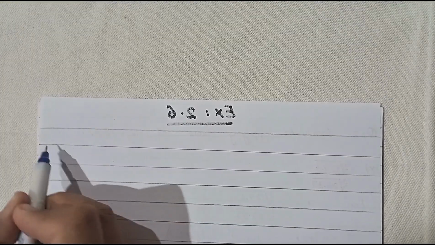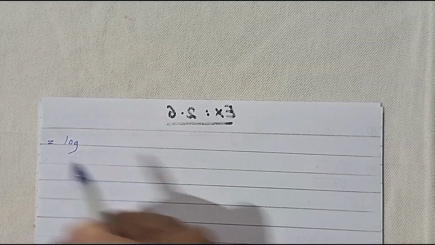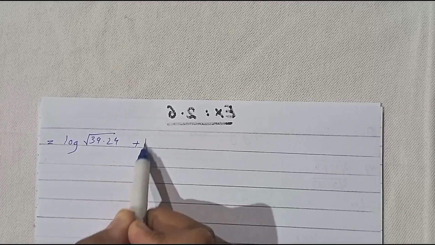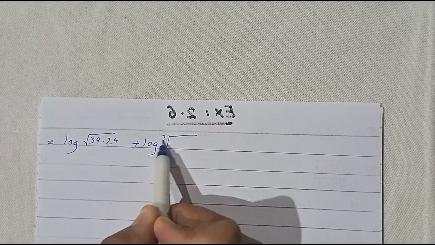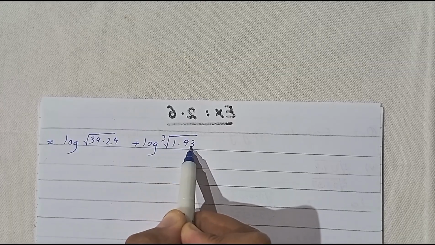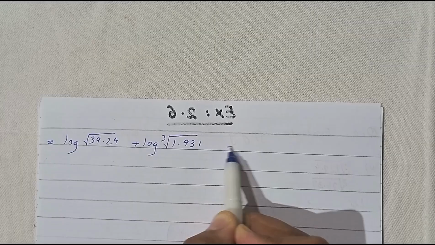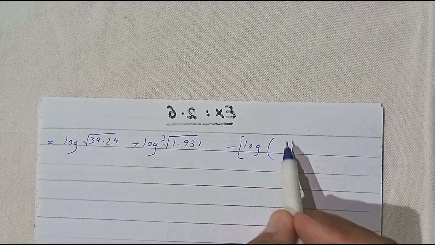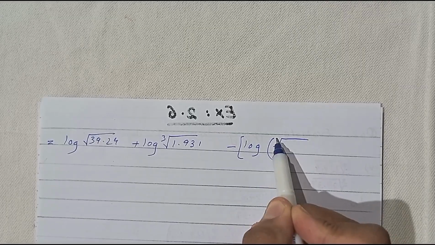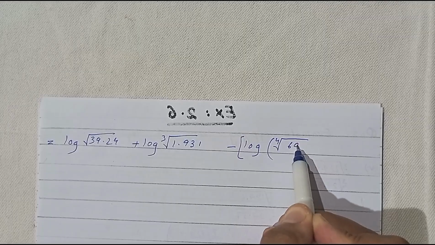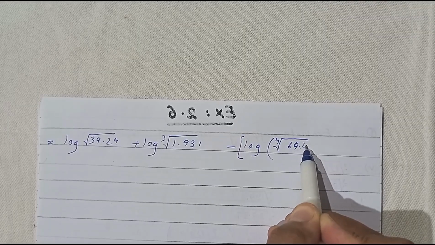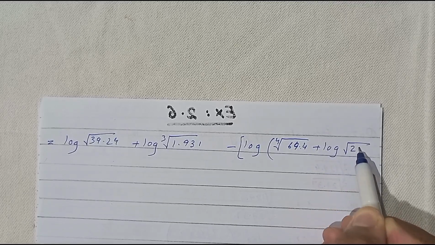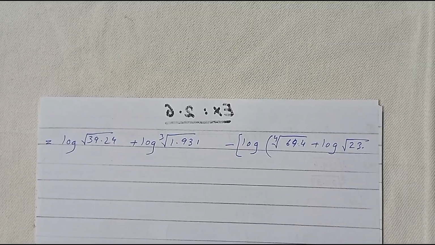Applying the product law of log, the value equals log of square root of 39.24 plus log of cube root of 1.931 minus log of fourth root of 64.4 plus log of square root of 23.91.